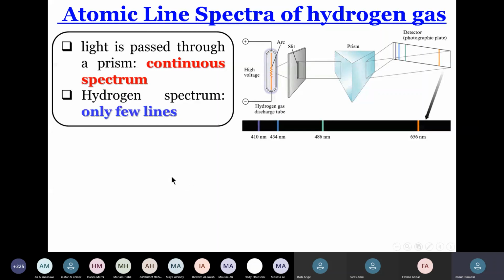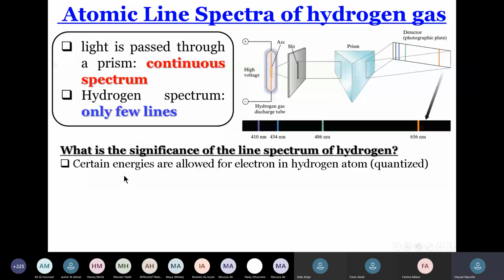So what is the meaning of the line spectra? Certain energies are allowed for the electron in the hydrogen atom. We say that the energy is quantized. So the electron will pass from an allowed energy to another excited energy of known value. When the electron returns from this excited state to the ground state, it will emit light.